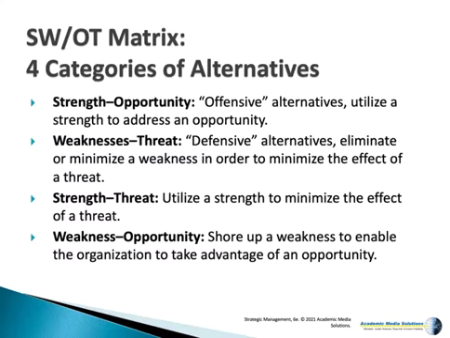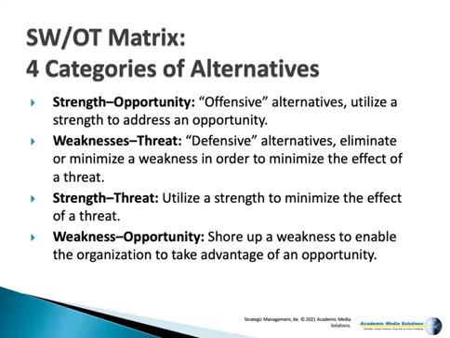So if you combine a strength with an opportunity, you have what we call an offensive alternative. The point here is that you're utilizing a strength to address an opportunity that exists in the environment. Always offensive. Alternatively, you could take a weakness connected with a threat, and that might suggest a course of action that's defensive. And here you're trying to take action to eliminate or minimize a weakness in order to minimize or mitigate the effect of a threat.